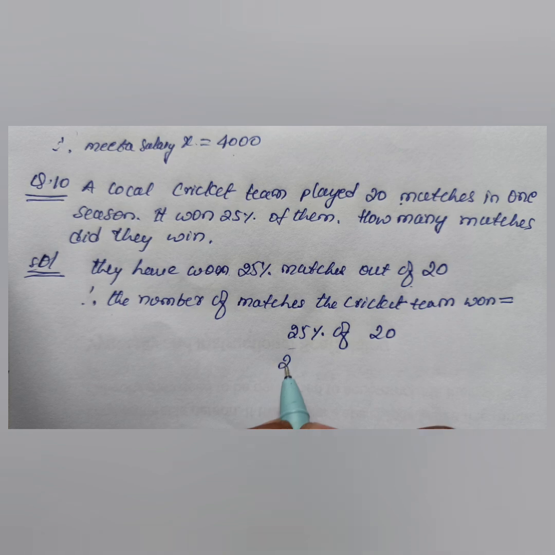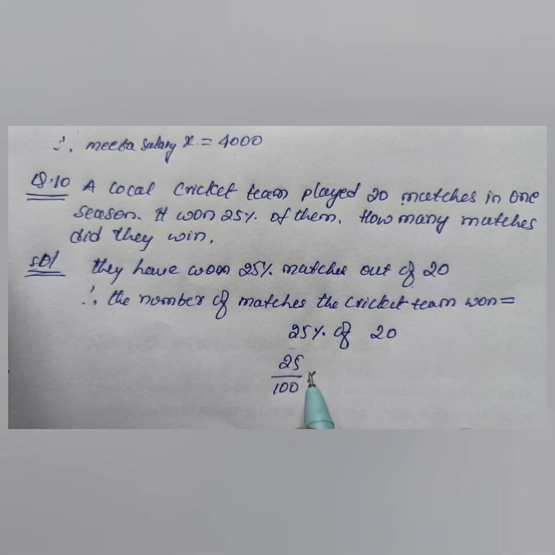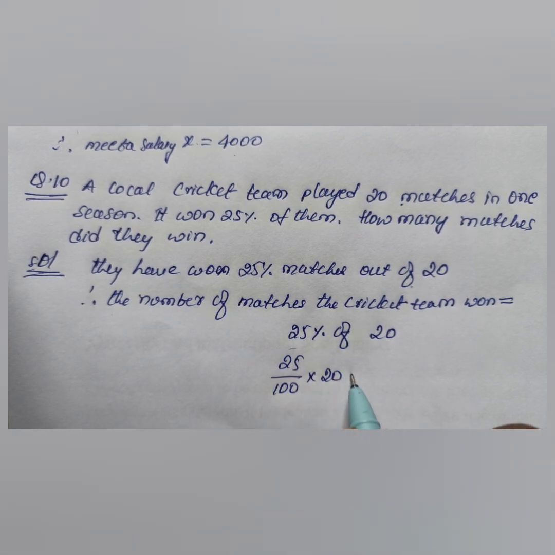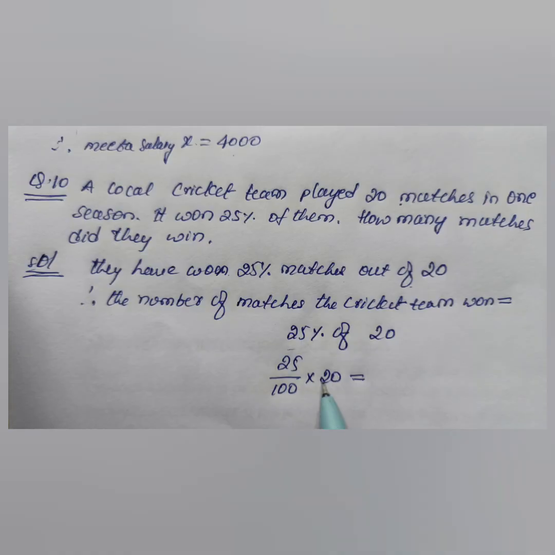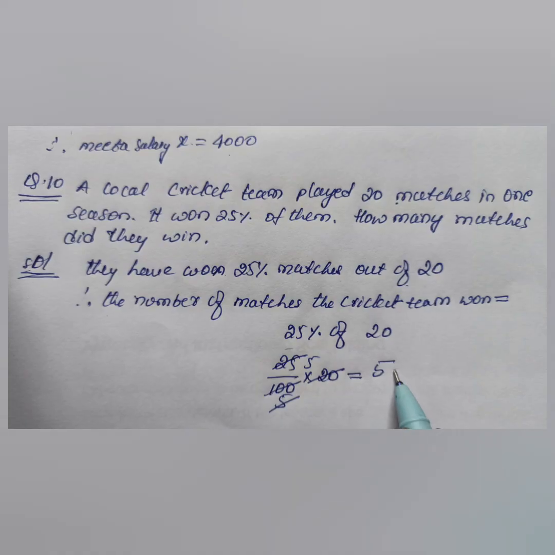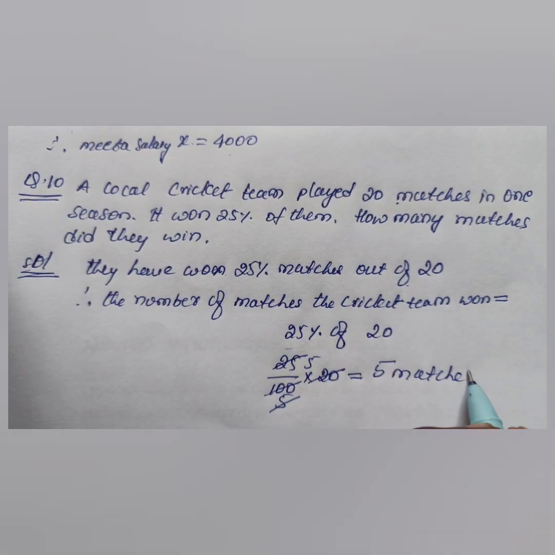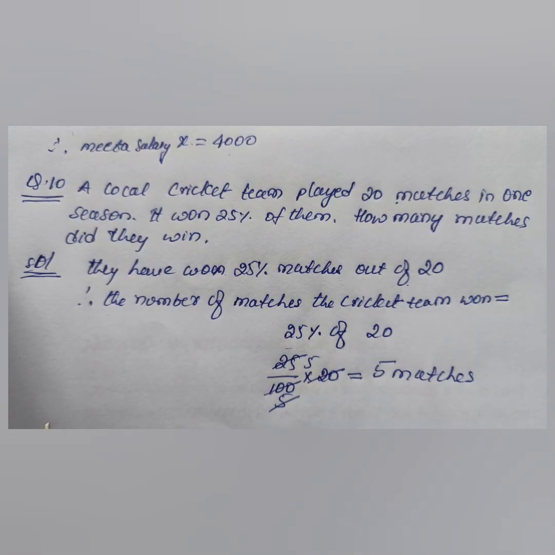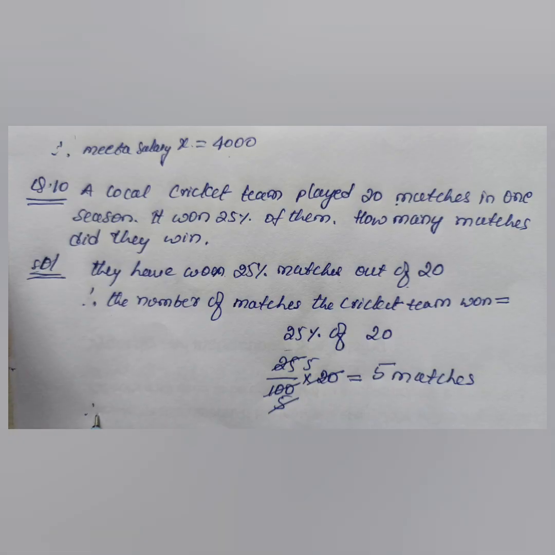So 25% means 25 divided by 100 into 20, and we can calculate here: 20 ones are 20, 5 ones are 5, 5 fives are 25. So how many matches did they win? 5 matches.